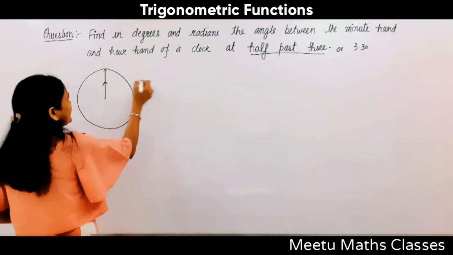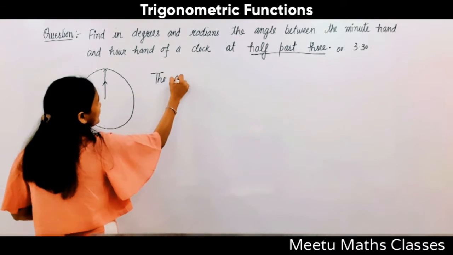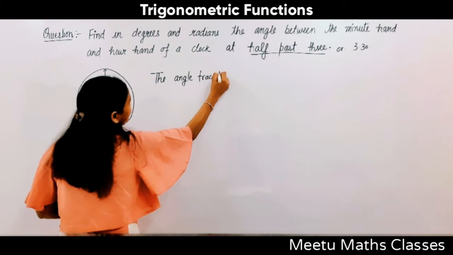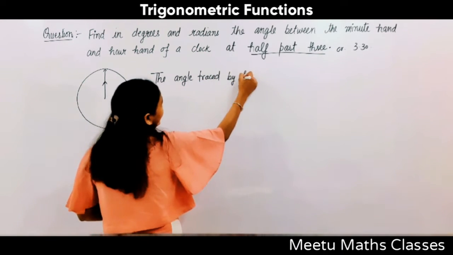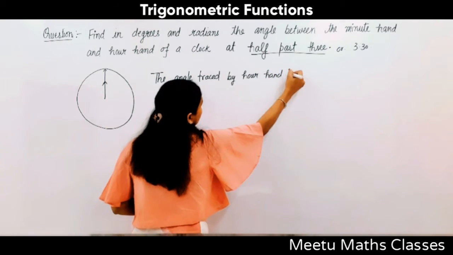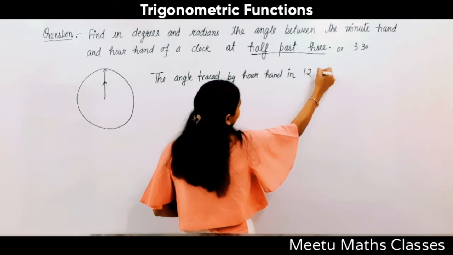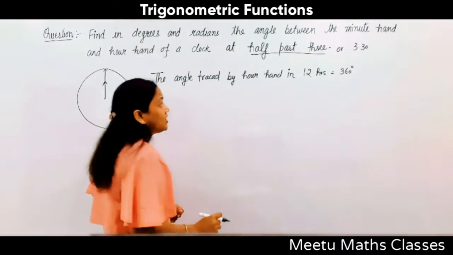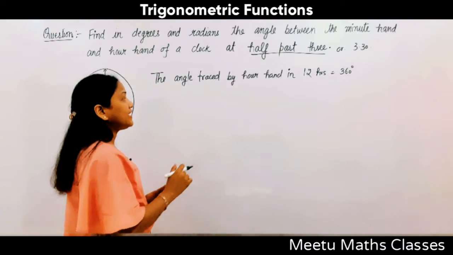So the angle traced by the hour hand in 12 hours will be 360 degrees. तो आपको कितने आवर्स में देखना है?